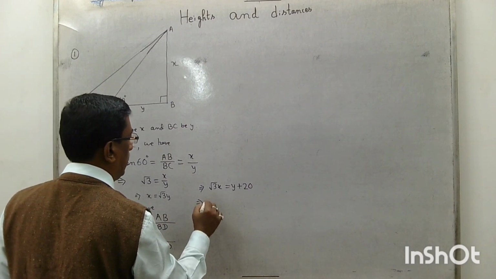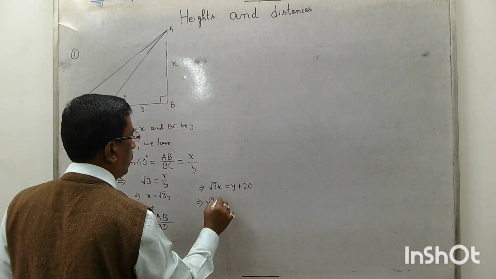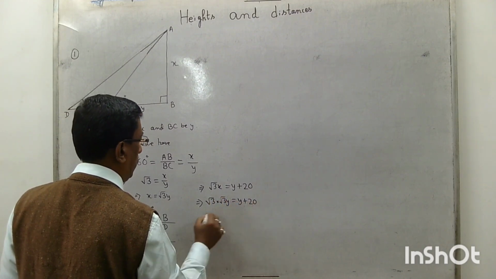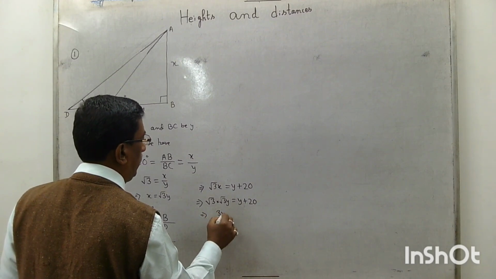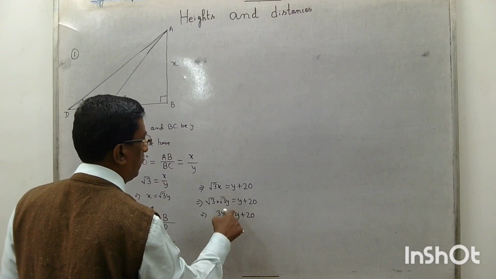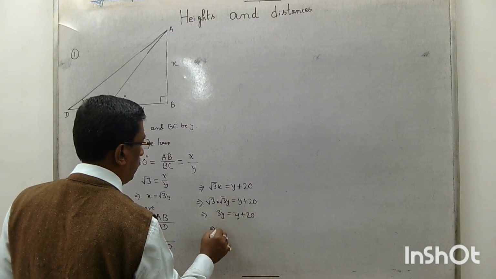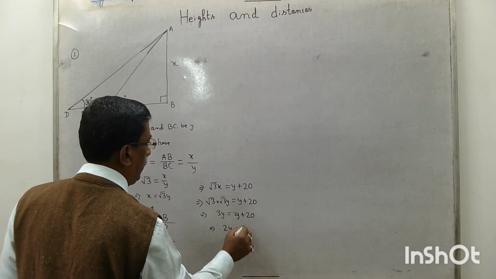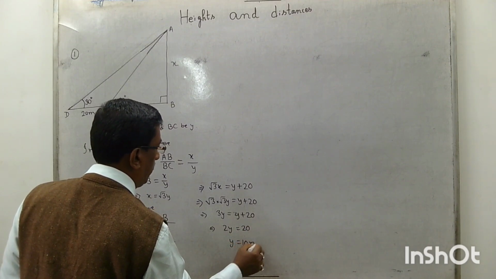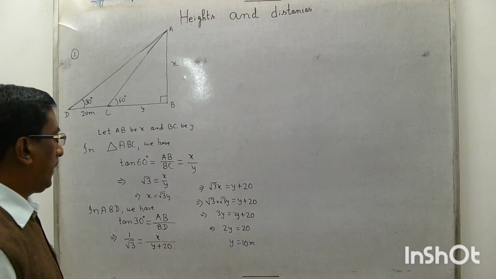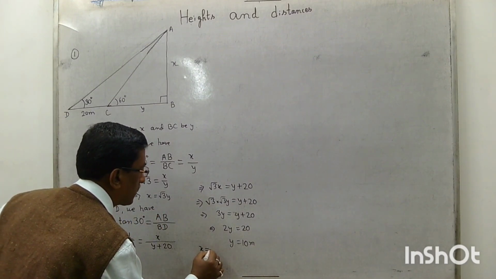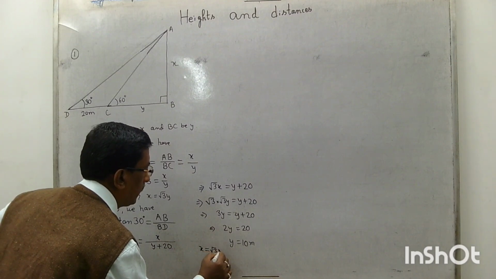So placing here root 3y, we have y plus 20. This is 3y equals to y plus 20, which means 2y equals to 20, y equals to 10 meter. Since y equals to 10 meter, we can find the value of x as root 3 into 10.